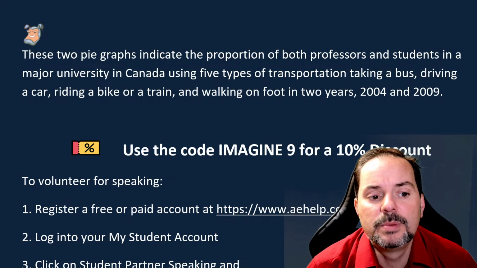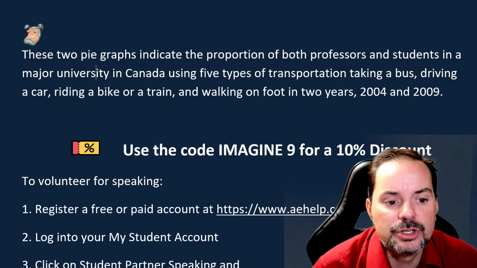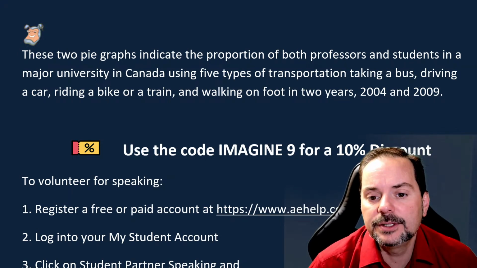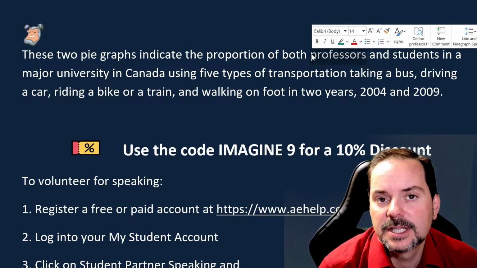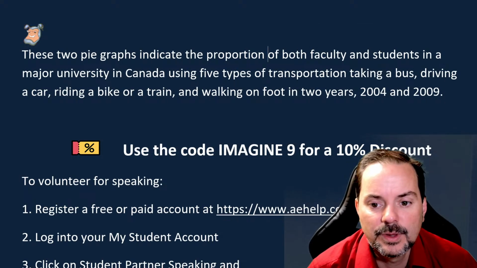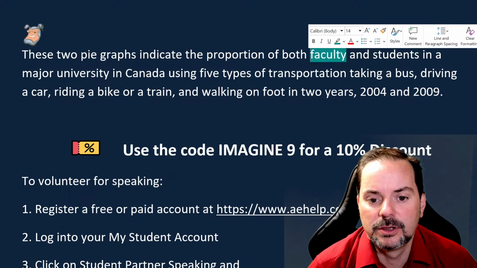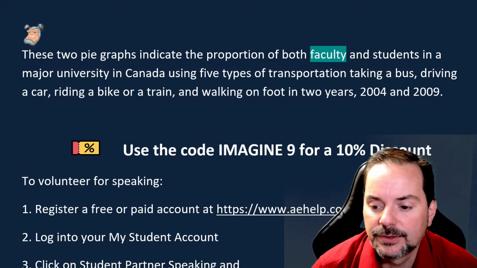So these two pie graphs indicate the proportion of both professors and students in a major university in Canada. If we want to be a little bit more comprehensive, instead of professors, we could say faculty. That's a nice word. Faculty basically includes all of the staff that work at the university.